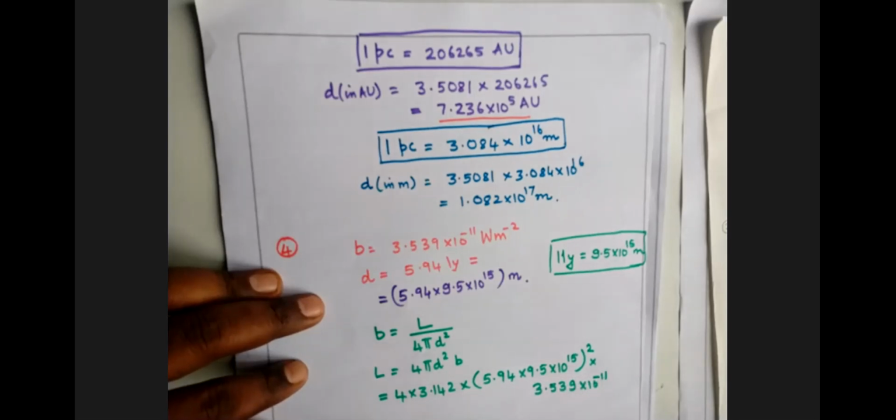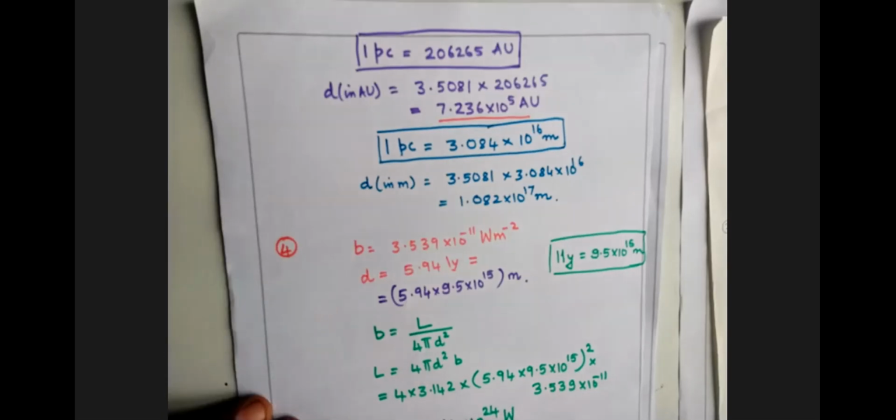So this comes out to be equal to 1.4163 into 10 to the power of 24 watts. This is the solution.